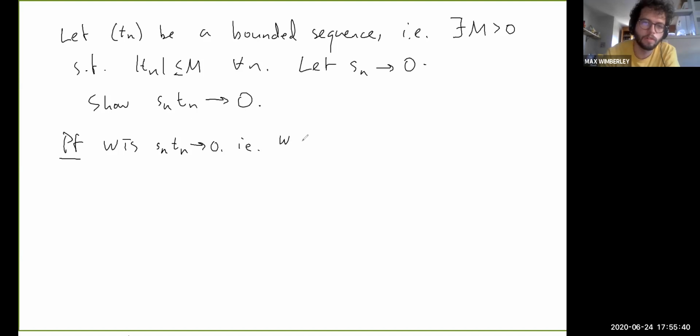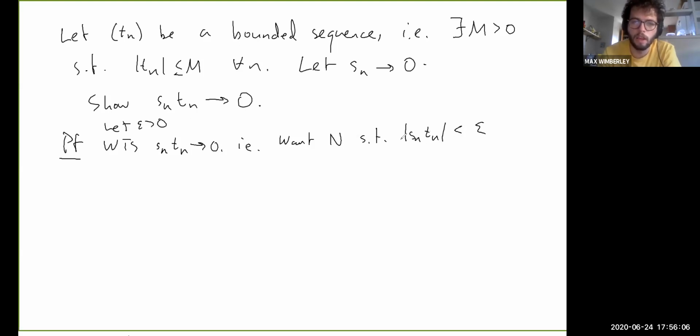That boils down to picking capital N such that the absolute value of SnTn minus 0 is less than epsilon. If we let epsilon be greater than 0, that's at the very beginning, obviously. So we want to make this be less than epsilon, okay?